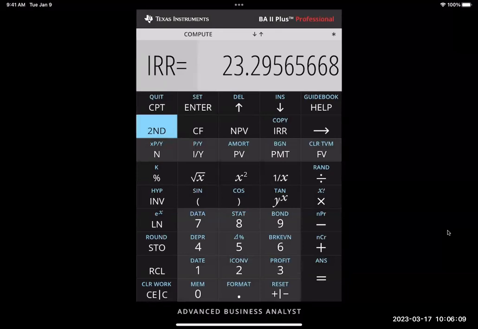Does anyone want me to do it again? Or do you want me to give you a chance to try it? Pull out your calculator, your phone. After I press IRR, do I press enter and down? No, you're going to press IRR and compute, CPT. Okay, thank you. What was the number that came after 900? 500, and then 1600.